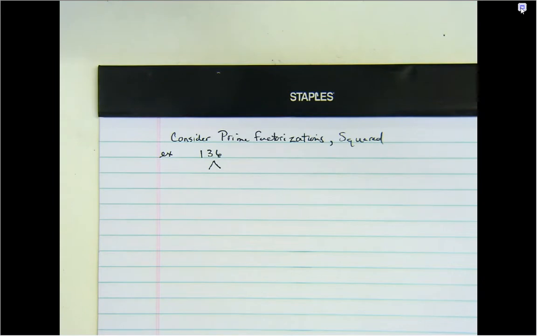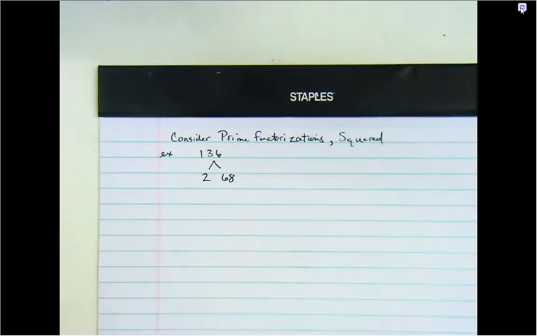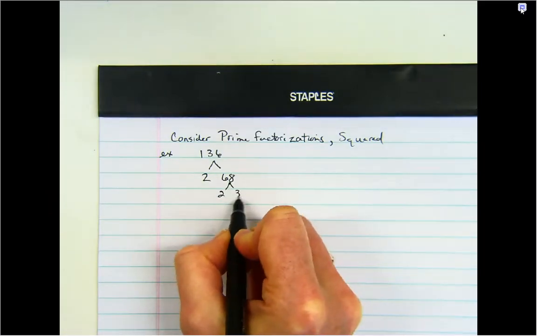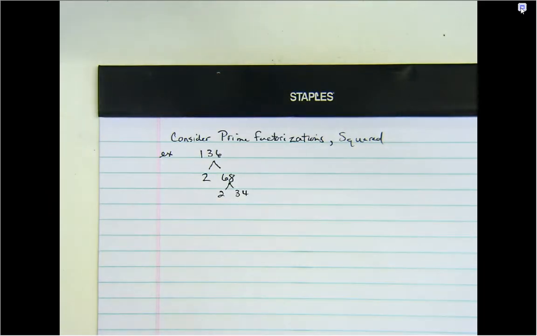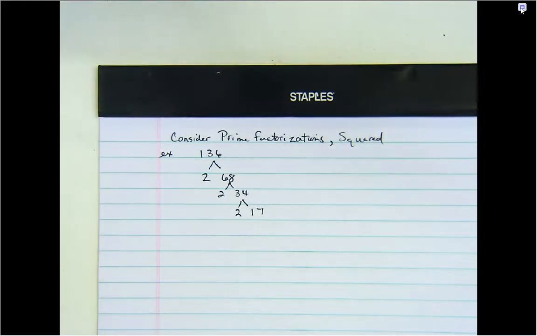136 is even, so I'll go ahead and divide a 2 out. Two times 68. 68 is even, so I'll divide a 2 again. And 34 is even, so I'll divide 2 out again. So we end up with 136 is 2 times 2 times 2 times 17.